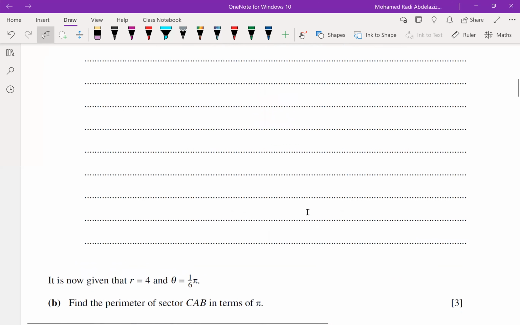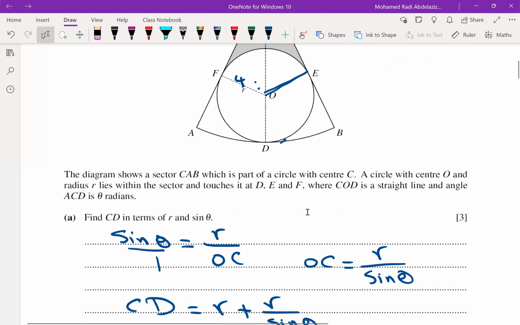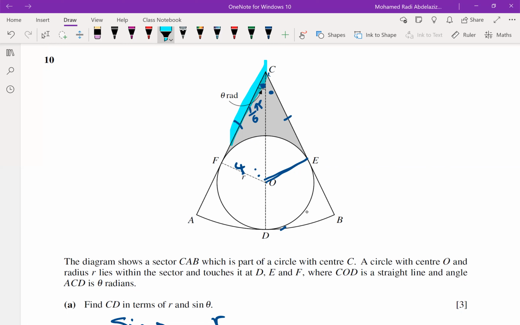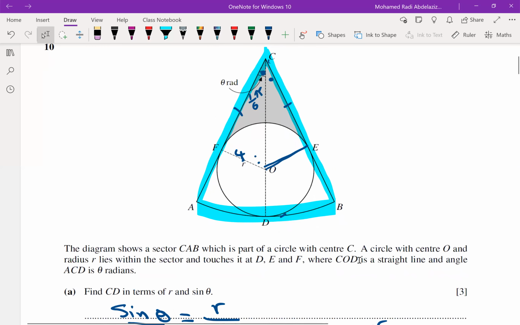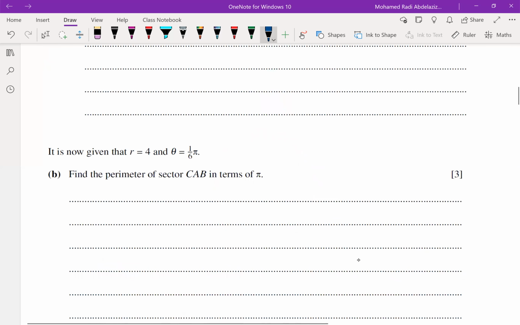He asked to get the perimeter of sector CAB. Perimeter of sector means the sum of all sides. We have side CA, a straight line, and another side CB are equal, plus the length of arc ADB.